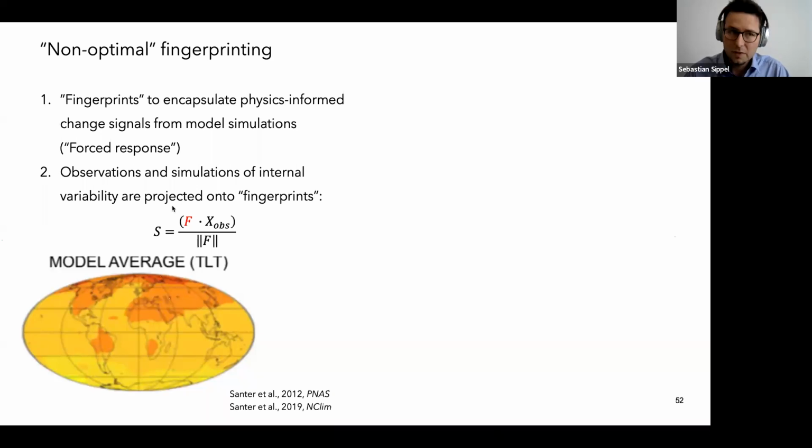In most cases, this non-optimized fingerprinting relates to simply a projection, or you could even think of a multiplication of this forced pattern, the F here, with the observations. Alternatively, you could think of it as a spatial covariance, or sometimes it's even used as a spatial correlation.